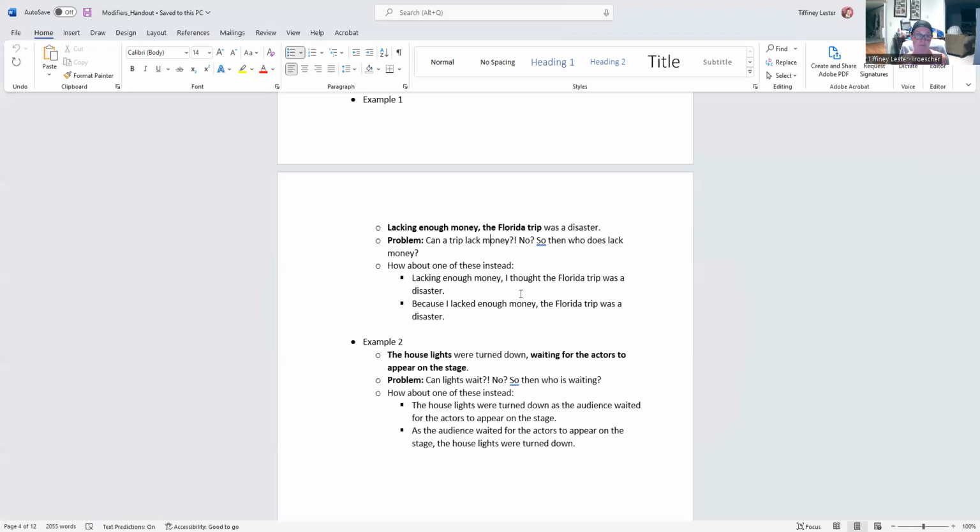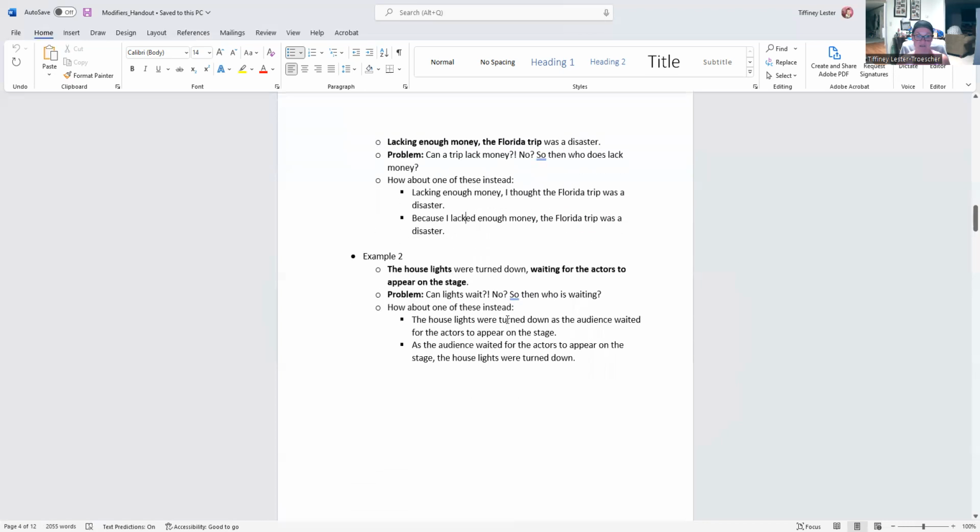A trip can't lack money. People lack money, but there's no people in that sentence. Therefore, you have to add the person in. You have to add the correct noun that goes with that modifier. And as you can see, it doesn't necessarily take a lot of work to make it correct. But you still have to add it in, and maybe you need to change or add more than just one word. It's a very, very small, quick change, though, to fix it.